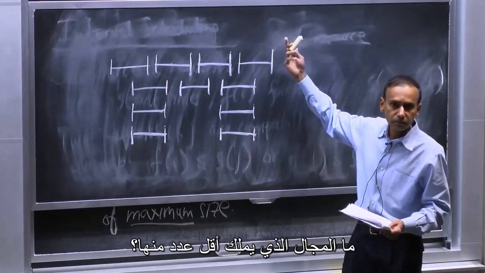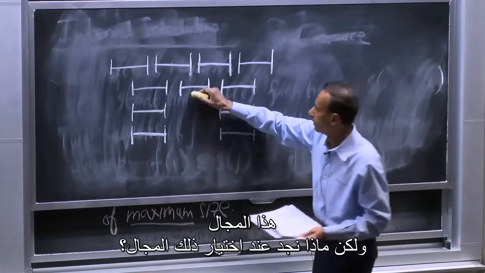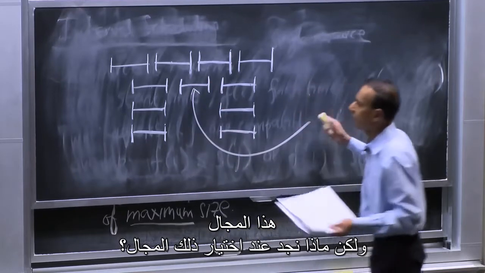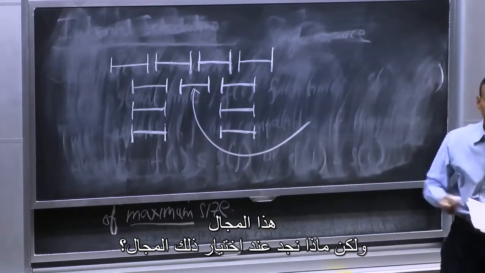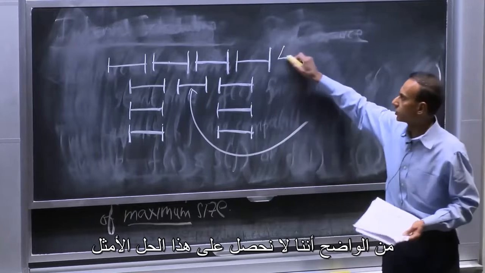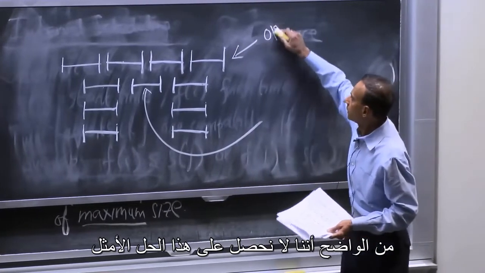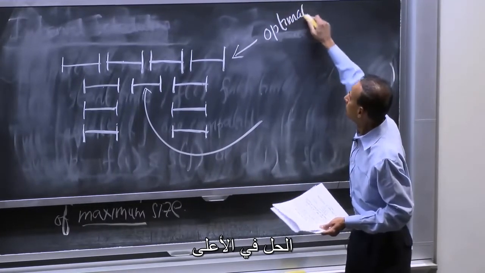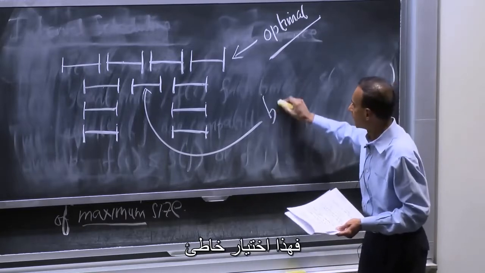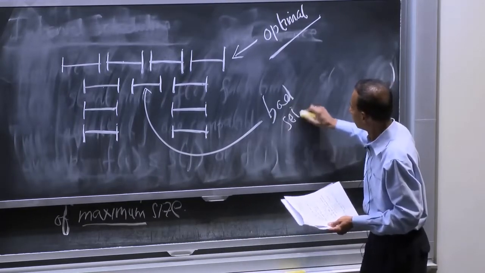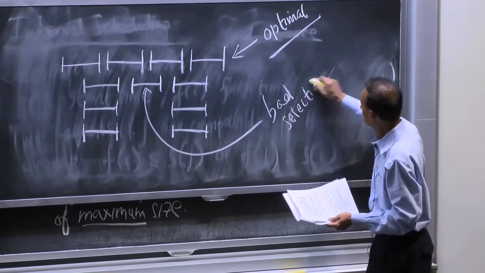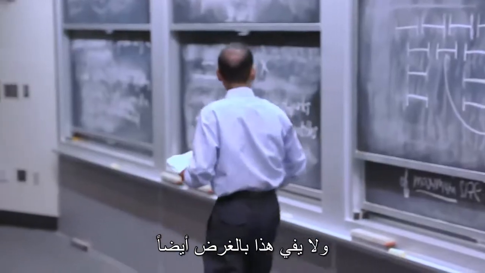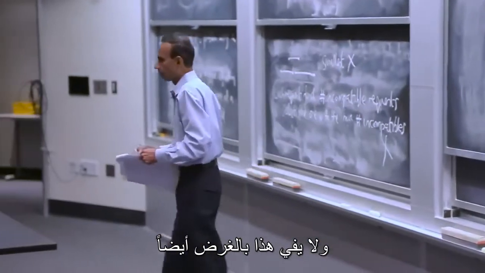Which is the minimum? The one in here, right? But what happens if you select that? Well, clearly you don't get this solution, which is optimal, right? The one on top. Right. So this is a bad selection. So this doesn't work either. Okay, there you go.